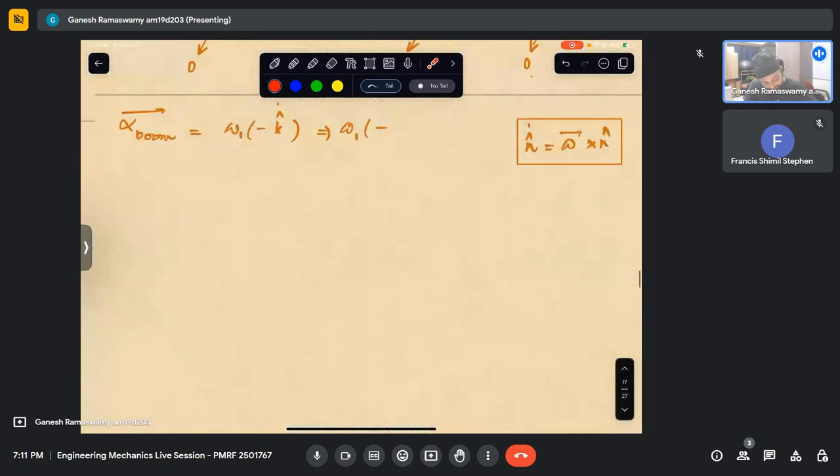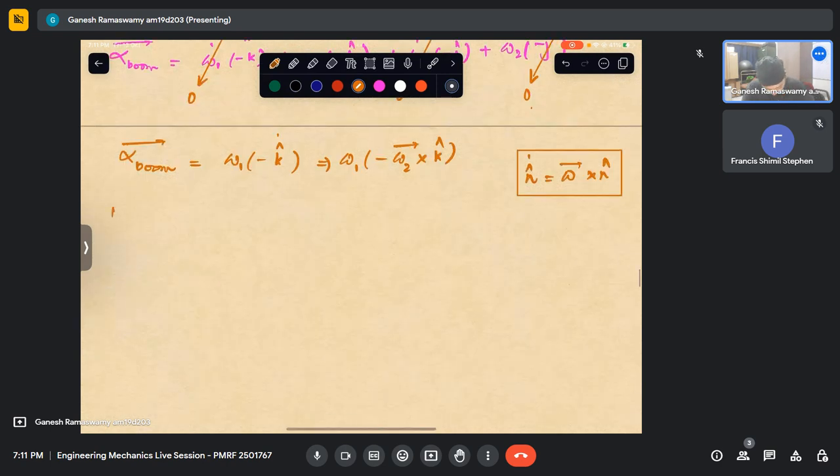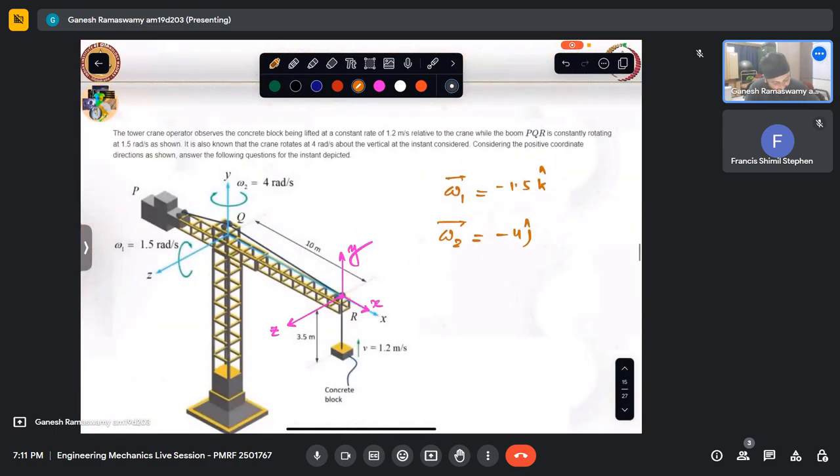So this is omega 2 vector, okay, crossed with k cap. But omega 2 vector is actually minus 4 j cap.